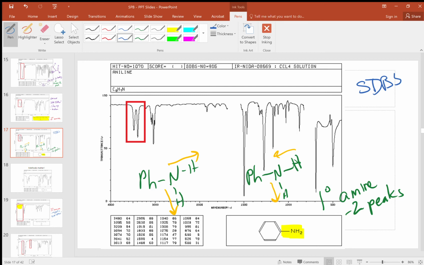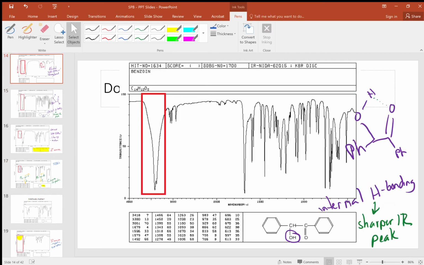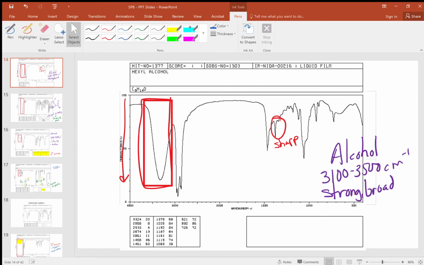And what happens a lot of times is that they'll say, well, the spectra are similar, but they're not exactly the same. And one of the reasons for that is that oftentimes this is a consequence of how the spectrum was taken. So if we go back to the first spectrum we looked at, if we look up here at the top right, it says liquid film.